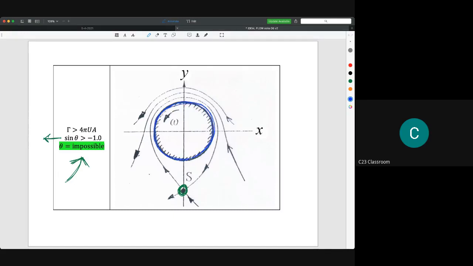Oleh kerana garisan ini telah terkeluar daripada bulatan itu, kedudukan stagnation point di sini kita tidak boleh kira menggunakan equation yang kita ada. Kerana equation yang kita ada hanyalah represent bentuk bulat yang ini.